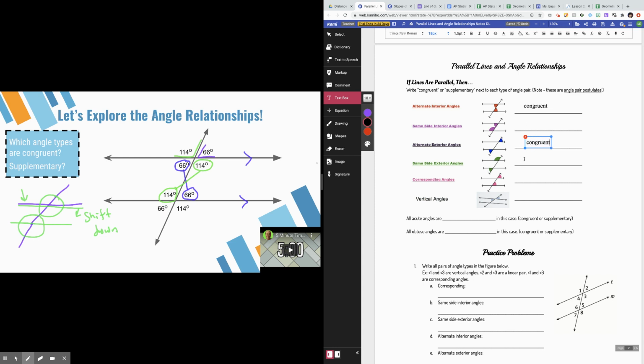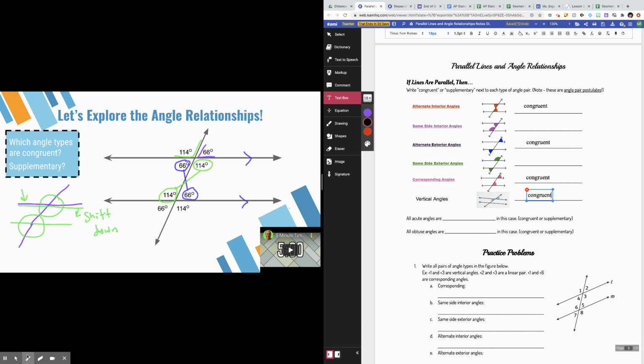So those angles will be congruent. Corresponding angles are always congruent. That goes back to this idea of taking this group of four and copying it and moving it down along the transversal. You're taking the angle in, say, the top left and shifting it down, so they have to be congruent. And we already knew this, but vertical angles are also congruent.